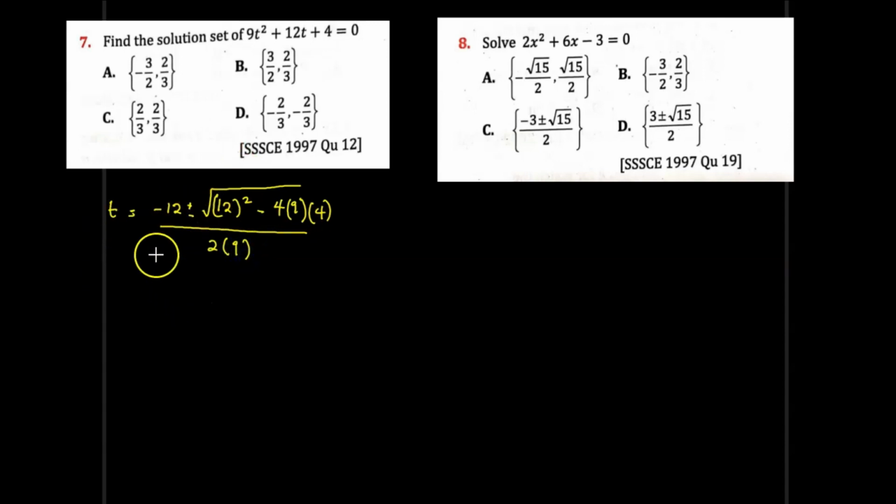So you can use a calculator to simplify some of them. So t will be equal to minus 12 plus or minus 12 squared, which is going to give us an answer of 144, minus 4 times 9 times 4, that is going to be 36 times 4, giving you an answer of 144 as well.